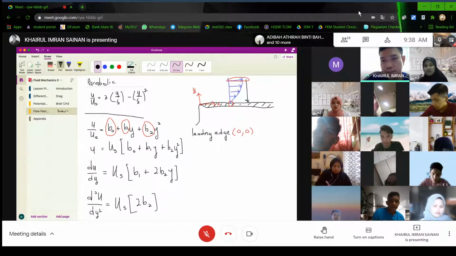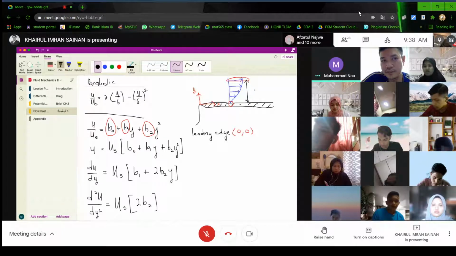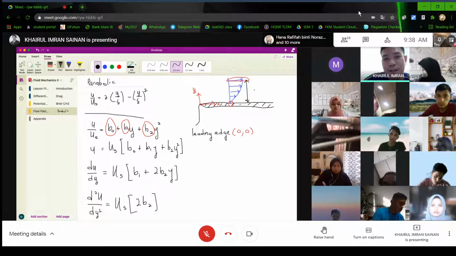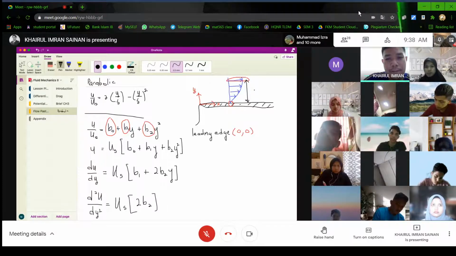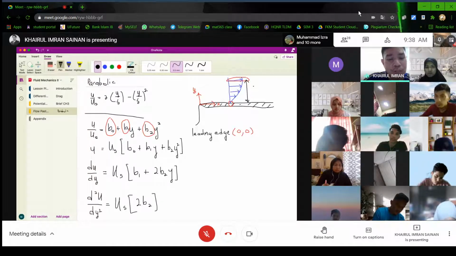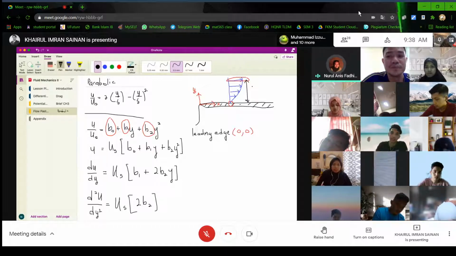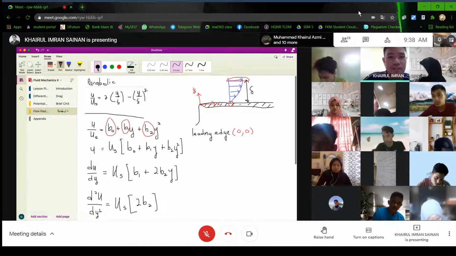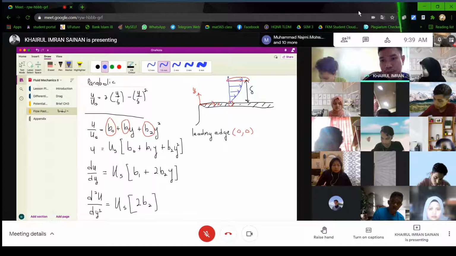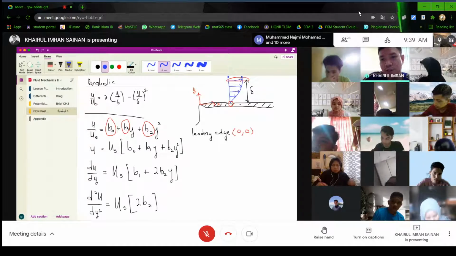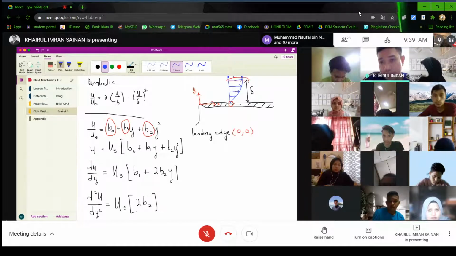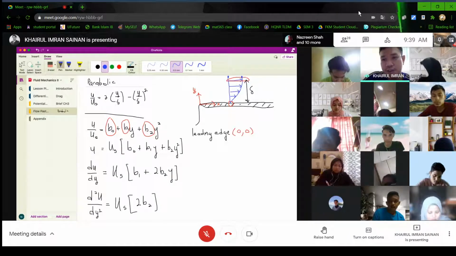What is this height? The one at the top. Boundary layer thickness. Yes, delta. Okay, this is delta. So on top of this delta, beyond, is actually U stream, meaning the velocity is the same.